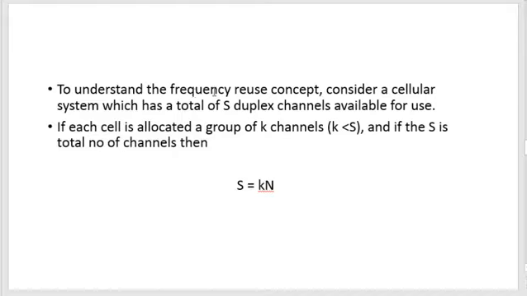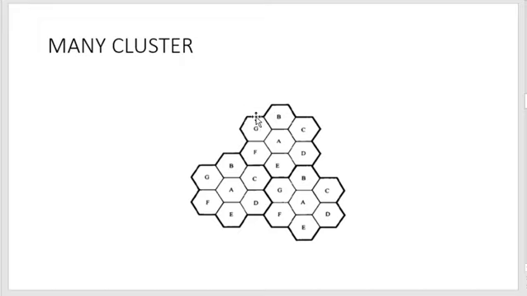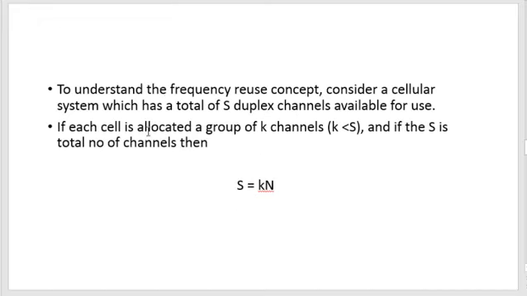To understand the frequency reuse concept, consider a cellular system which has a total of S duplex channels available for use. So S is the total number of channels in a cluster. If each cell is allocated a group of K channels, and S is the total number of channels, then S = kN, which we have already seen.